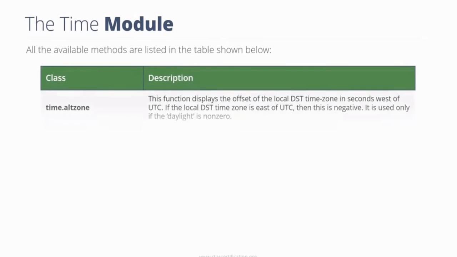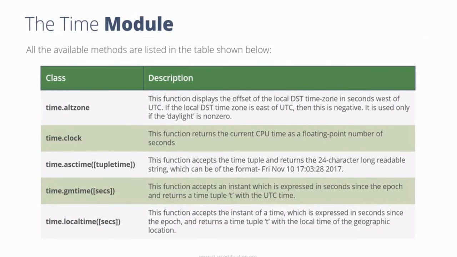Python supports the time module, which is used to provide functions for working with times and for converting between representations. All the available methods are listed in the table displayed on the screen.